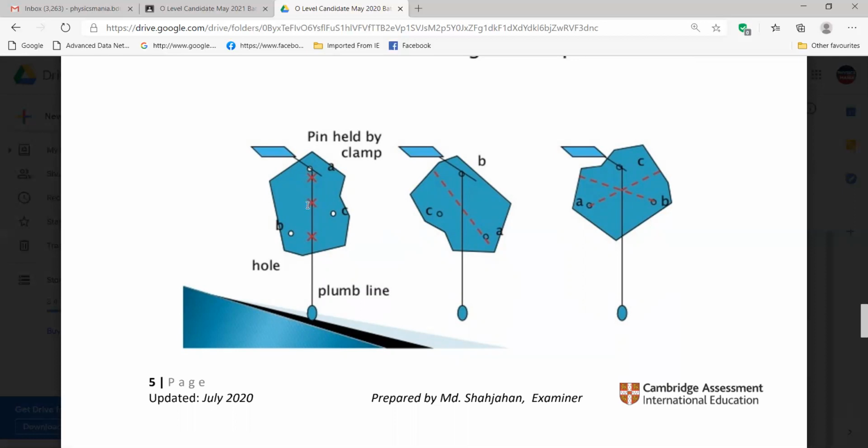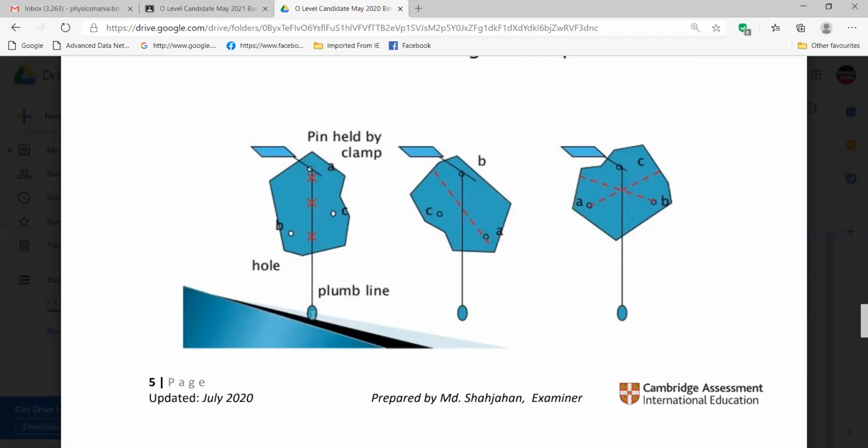We have to use this plumb line. Plumb line means there is a string and at the end there is some mass fixed, so that it can be straight, right? Yes. The string is very straight here because of this mass.